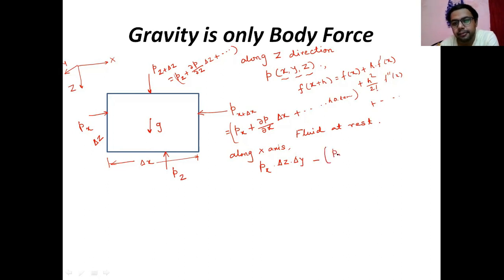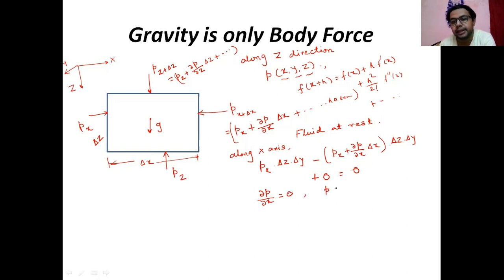Minus Px plus del P del x, higher order terms we are not considering, times del z, del y. The same surface on that side is also a surface force. Plus no body force along the x-axis, equals 0. So from this equation we get dP dx equal to 0.